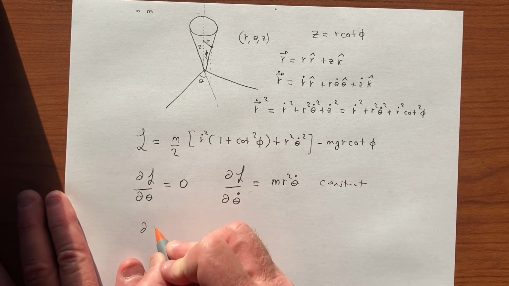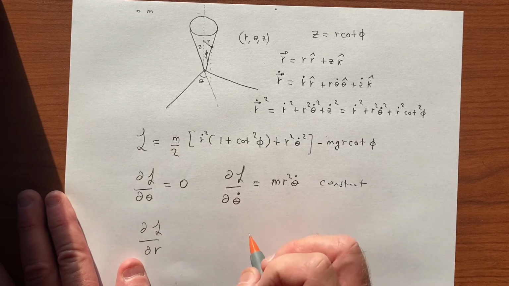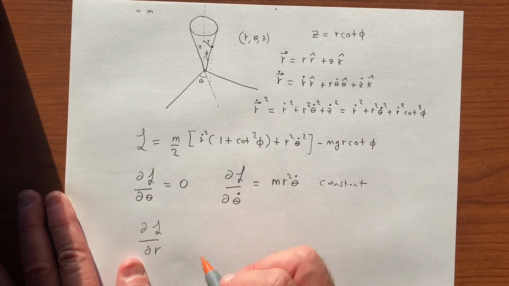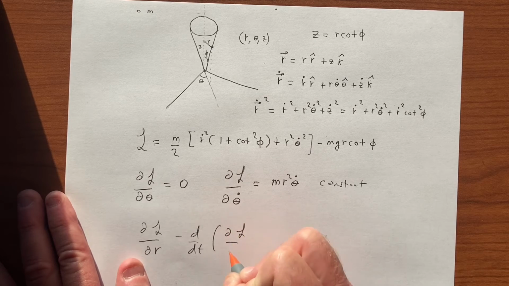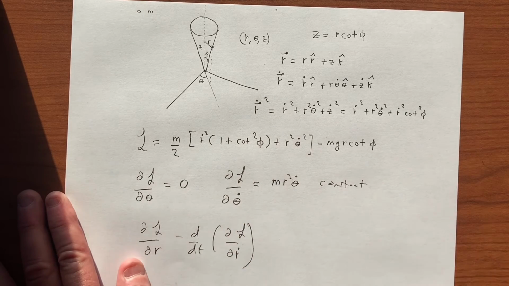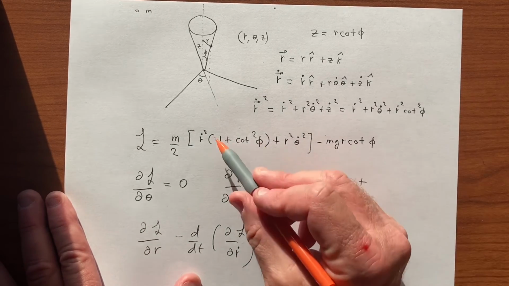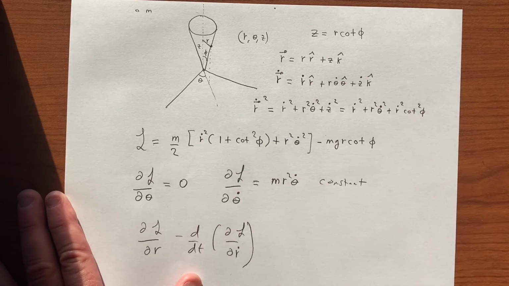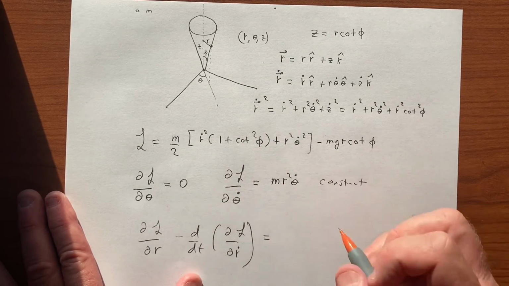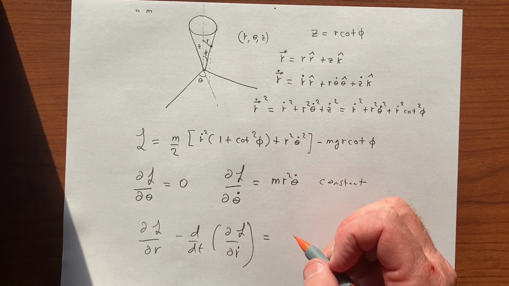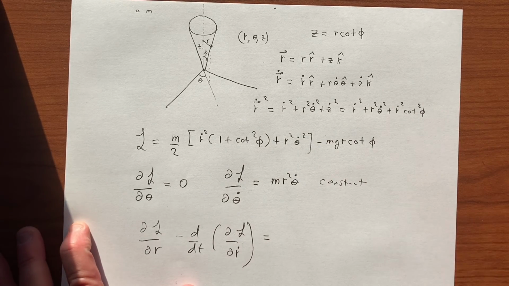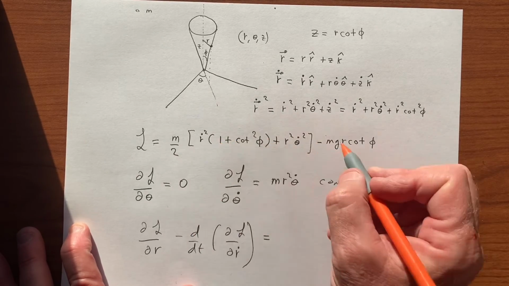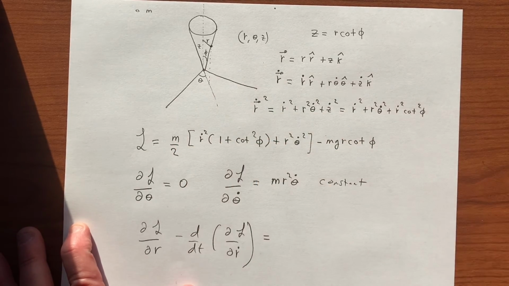Then we can do dL by dr minus d by dt of dL by dr dot. Right, so we have r dot here, and then we take another derivative of that. And then we can divide out the mass. Right? We can see that they're all proportional to the mass.